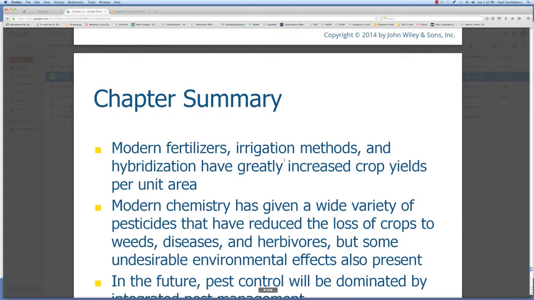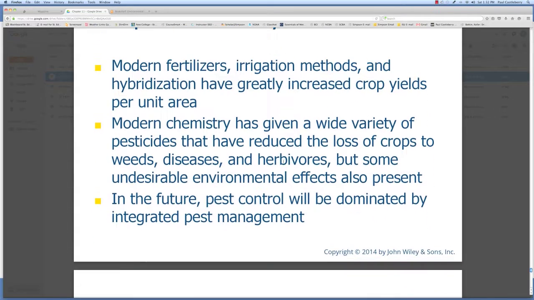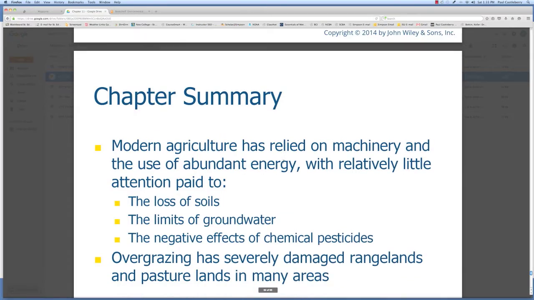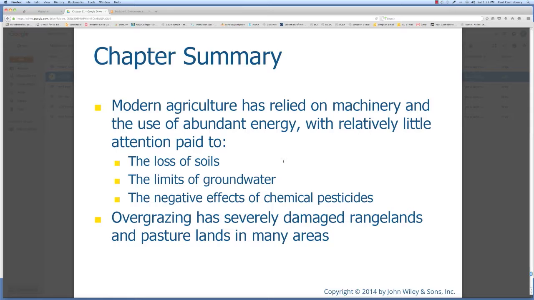Modern fertilizers, irrigation methods, and hybridization have greatly increased crop yields, and it's also helped to eliminate some of the artificial pesticides or artificial compounds using this integrated approach to controlling pests. Modern agriculture itself has relied on heavy machinery and the abundant use of energy.